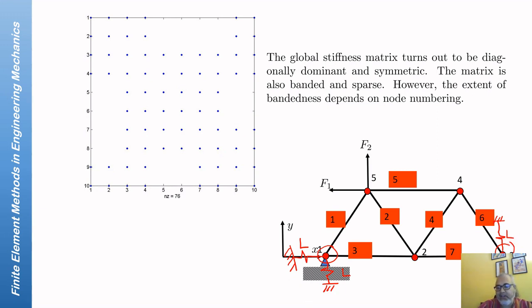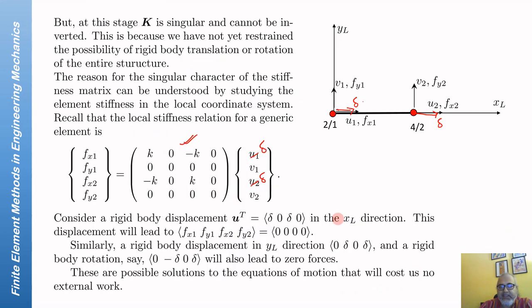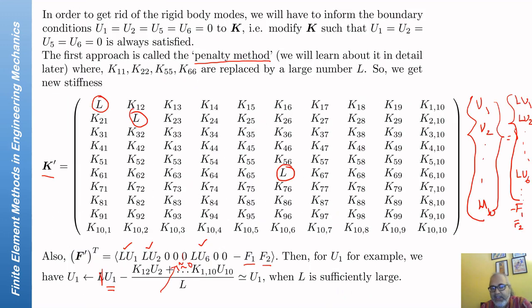And if these springs are stiff enough, it will prevent the motion of this node and this node in the y direction. This is what exactly we are doing physically, taking into account the fact that L is much larger than the entries in the original stiffness matrix K. You can easily show that after assembling this new system, which now has three new elements but no new nodes, no new degrees of freedom, this is the new stiffness matrix that you will get under the assumption that L is much larger than K11, K22, and K66.